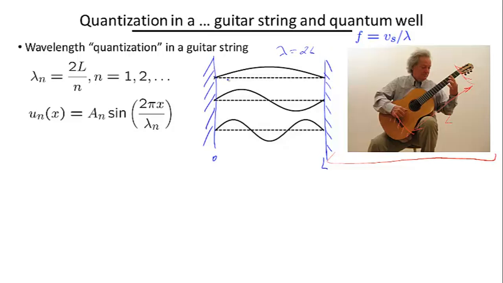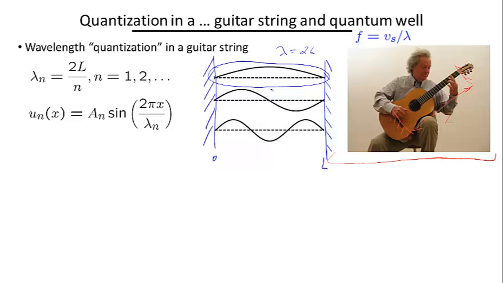And this is the fundamental oscillation, the longest possible wavelength that we can induce in this string. Because if we try to make the wavelength even longer, it would imply that we would have either no node in this point or no node in this point, and this will violate our boundary condition.